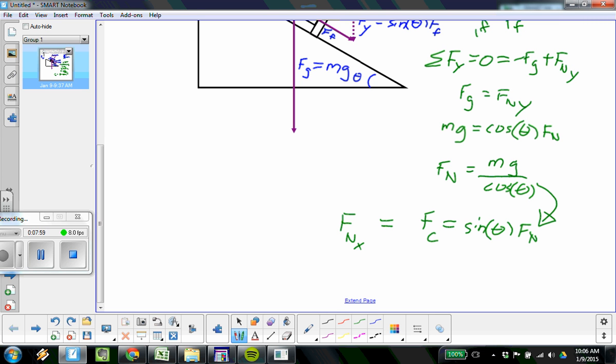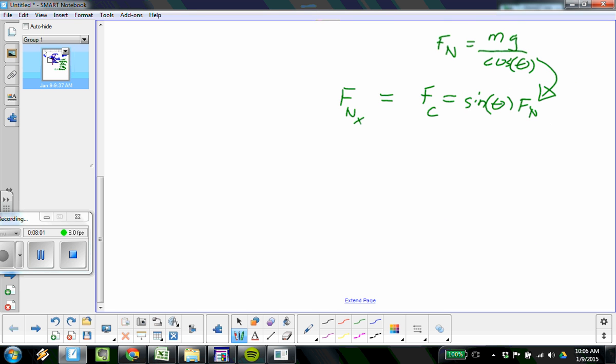So let's go ahead and do that real quickly. We'll say that the centripetal force will be equal to the sine of angle theta times mg over cosine theta, and you should notice that that is equal to tangent theta mg.